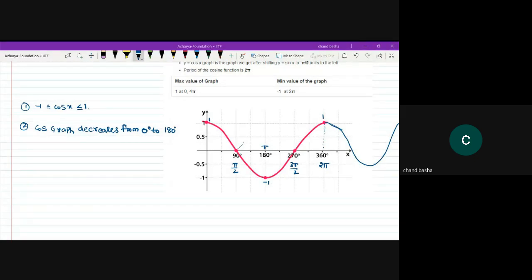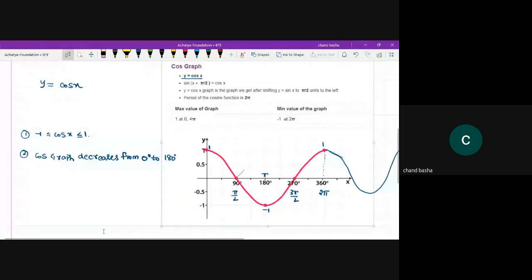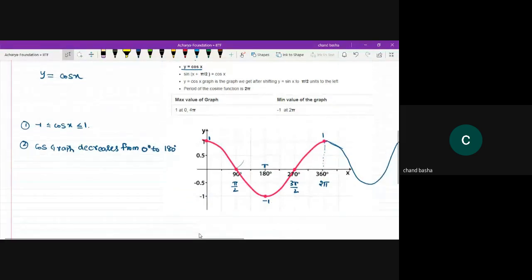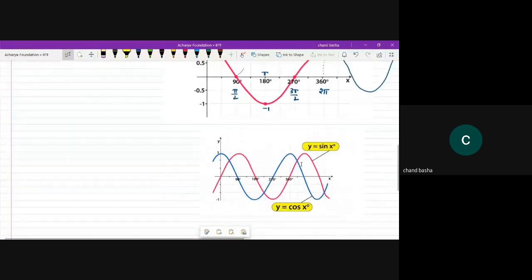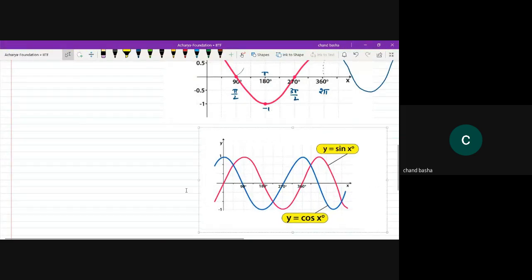That is also called a combined graph for sine as well as cos. So if you want to understand this concept, you must be perfect in the tabular values, the trigonometric table which I have given to you. Let's see, this is both the sine and cosine graph.